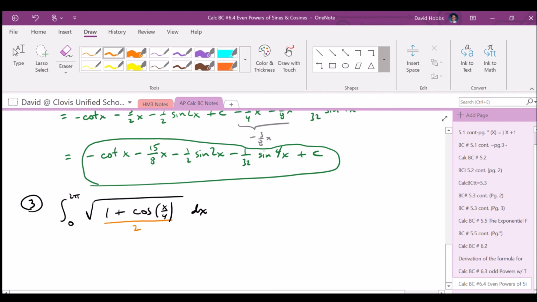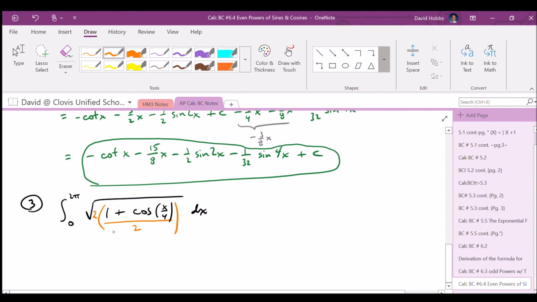Now I just adjusted the problem, didn't I? So what I need to do is balance out what I just did. If I divide by 2, I just have to balance it out with a multiply by 2. So right now I have effectively multiplied by 1, and so it's okay. I'm still doing the same problem that I did before.